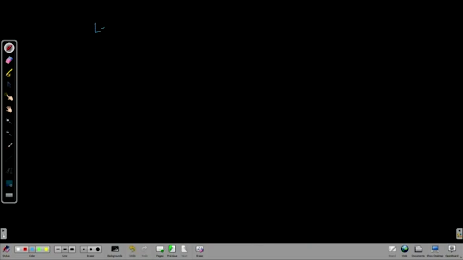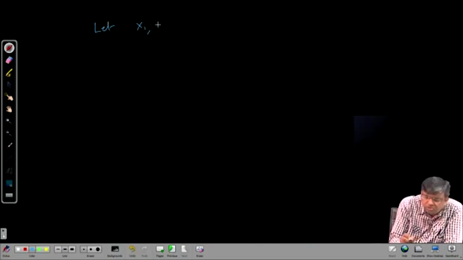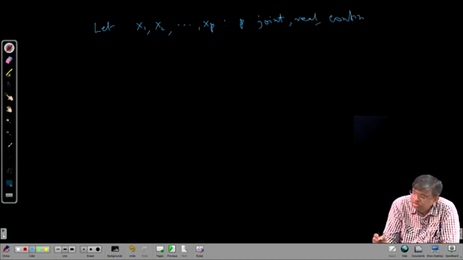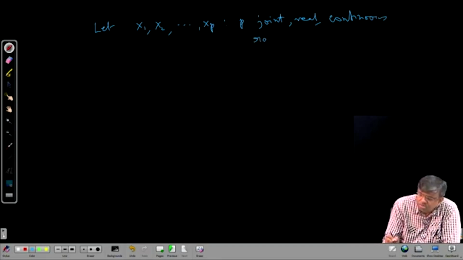So, let x1, x2, dot dot, x p be joint real continuous random variables.